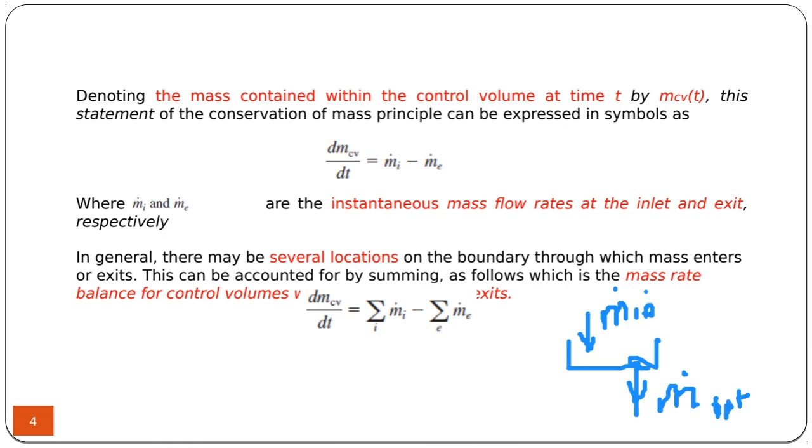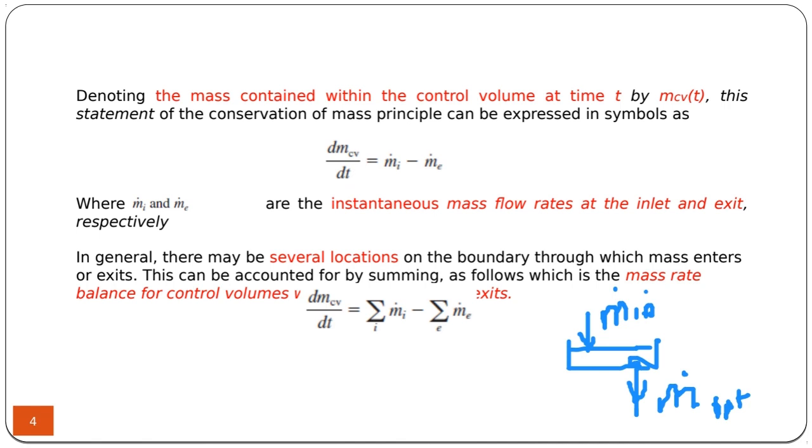if the mass flow rates of m dot in and m dot out are the same, you can see that the level of the water inside the bathtub will be the same. However, if m dot in is greater than m dot out, the level of the water will be increasing.